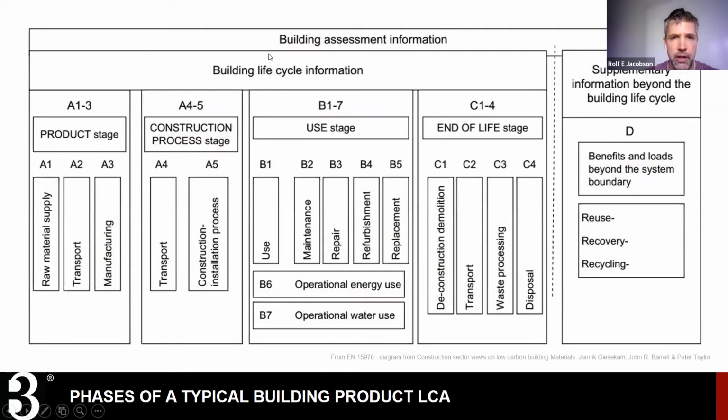In terms of going back to the stages of a building here, LCA, this is something that was developed under these protocols here. They've named all these different phases. So, excuse me, the A1 through 3 phase is really the product stage, where we're talking about the creation, the manufacturing of the building materials.